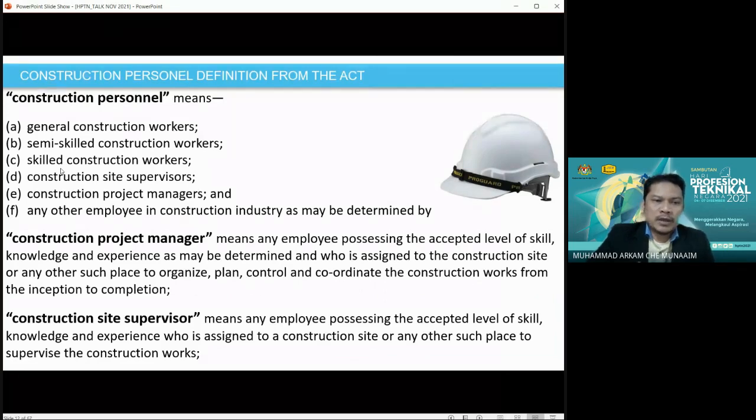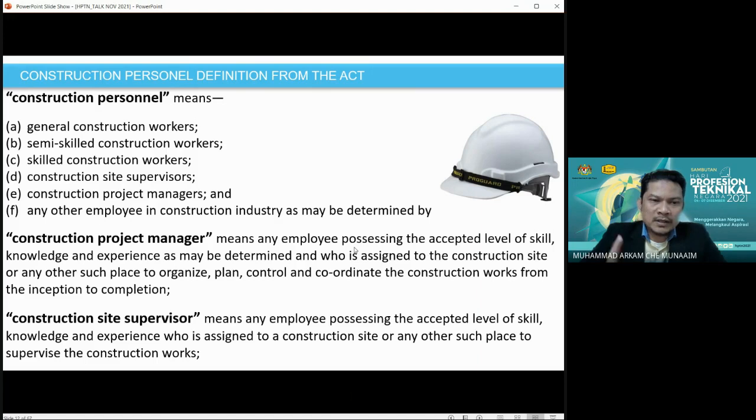Construction project manager means any employee possessing the accepted level of skill, knowledge, and experience as may be determined, and who is assigned to the construction site or any other such place to organize, plan, control, and coordinate the construction work from inception to completion. So the person who looks into the project from inception until completion and manages the project is considered a construction project manager according to the Act.